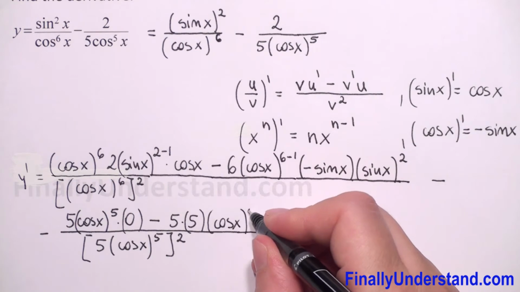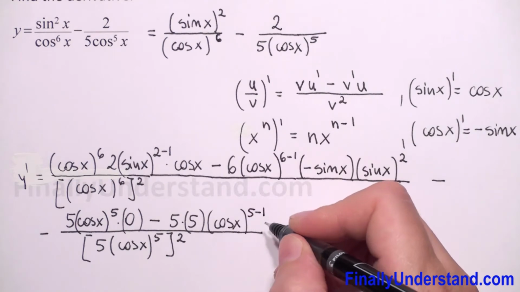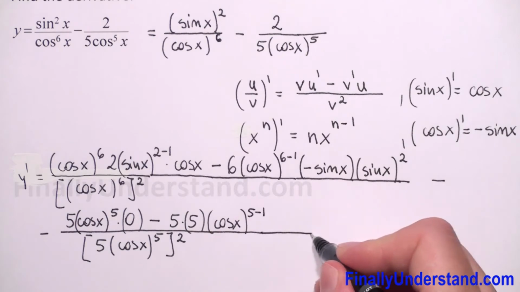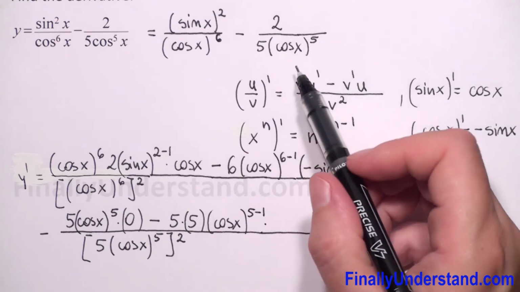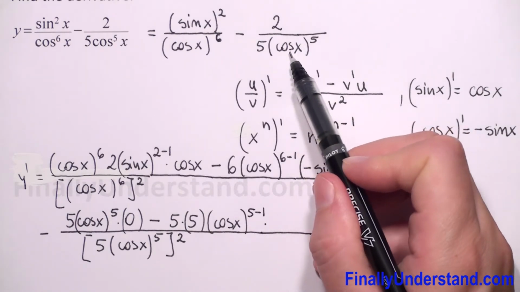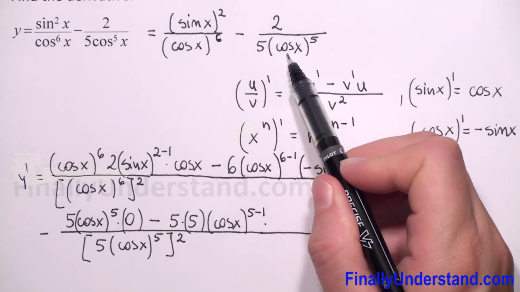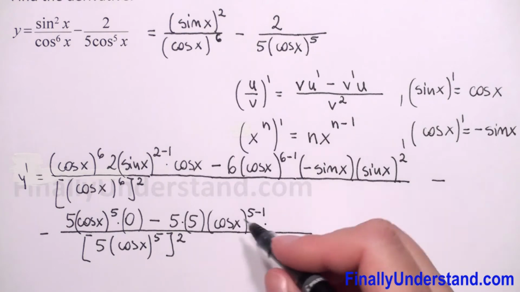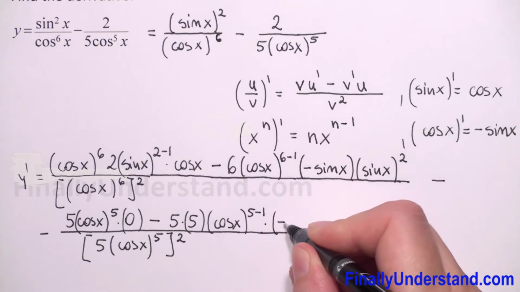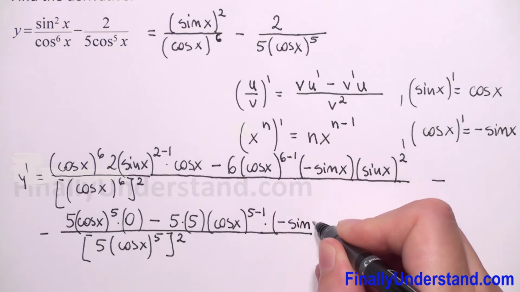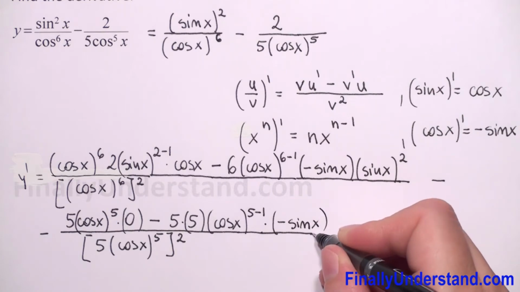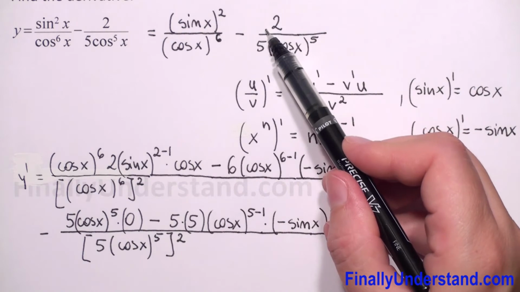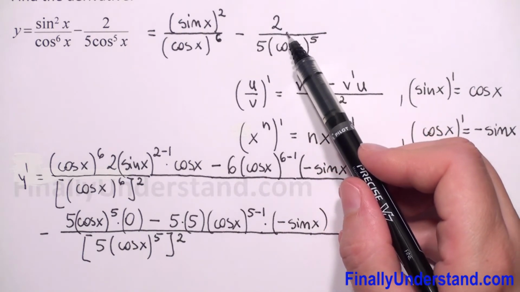Everything will be to power 5 minus 1. I just used this rule. Times, because again we have a composite function, the derivative of the function in parentheses. The derivative of cosine is negative sine of x times u. It means times our expression which is in the numerator.